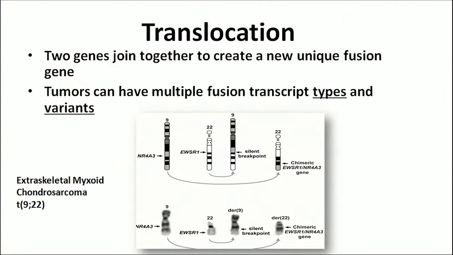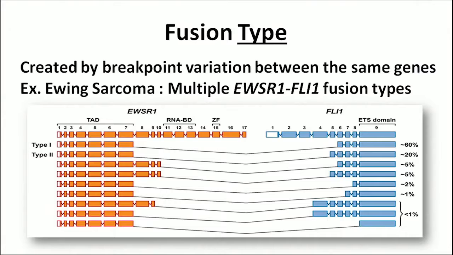Tumors can have multiple fusion transcript types and variants, and I want to define those quickly. A fusion type means a different way that two different genes can be recombined, so different ways to shuffle the exons. The example here is in Ewing's, where there are lots of different ways that you can reshuffle the exons of EWSR1 and FLI1, and each of these is called a different type.